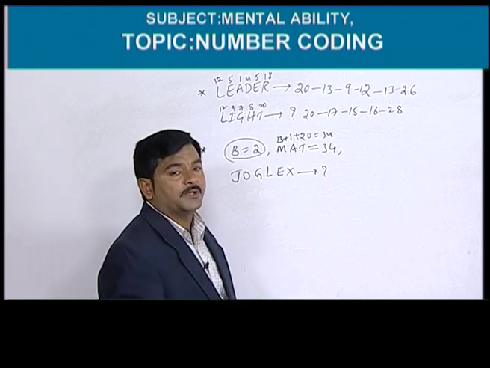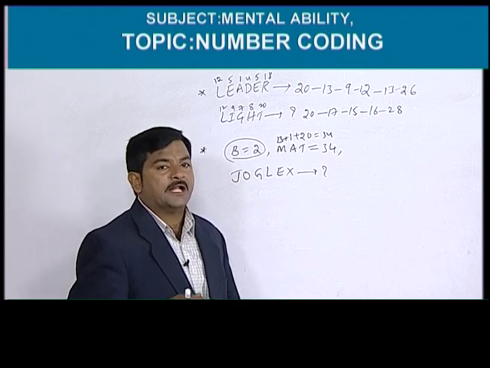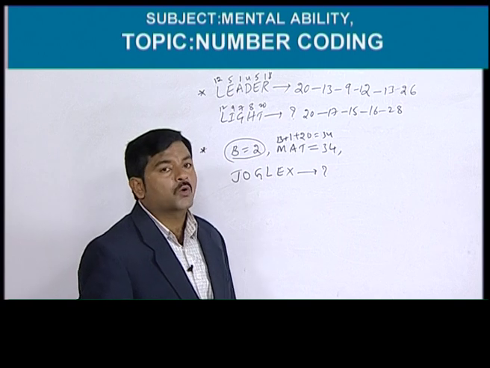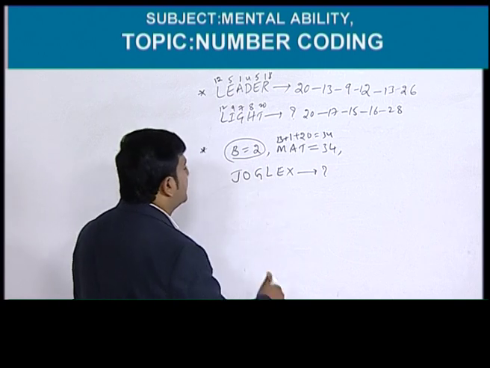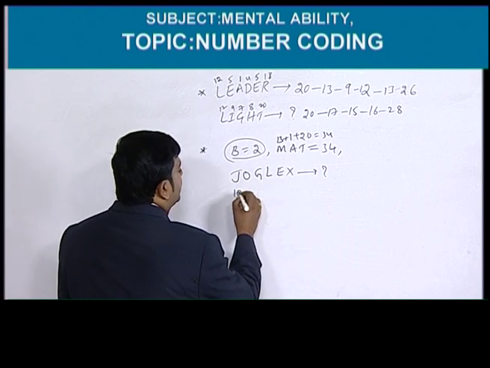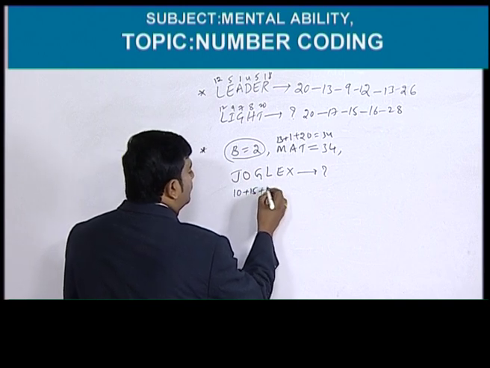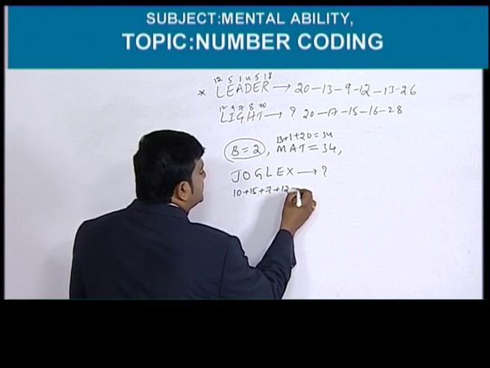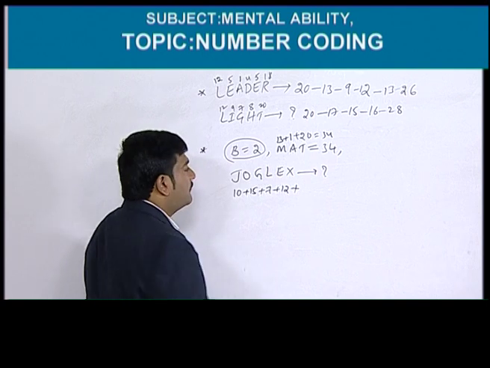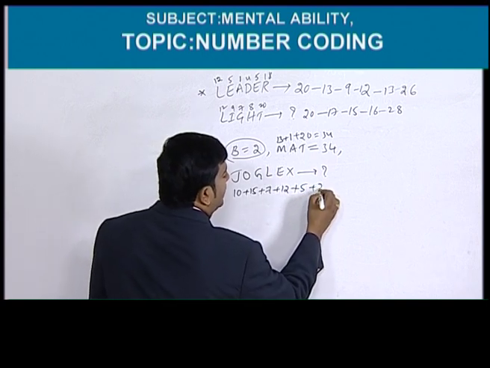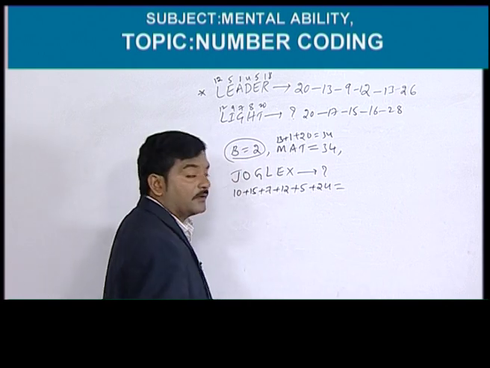Corresponding numbers తీసుకొని ఆ numbers-ని add చేయడం ద్వారా we are getting the coded word. Okay, so apply the same concept here. J means 10, O means 15, G means 7, L means 12, E means 5, X means 24. Add all these values.